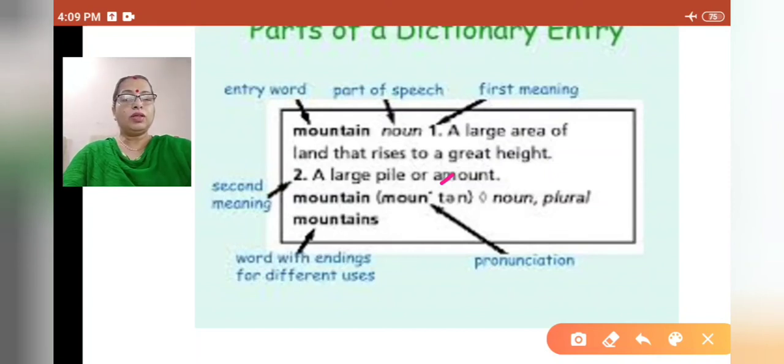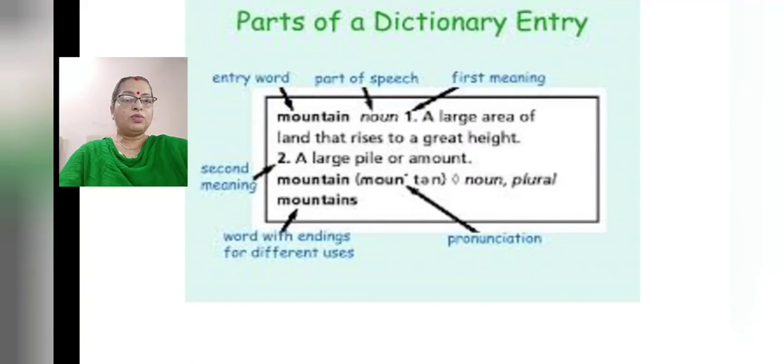Yes, mountain. After that, what is written? Noun, that is a pile or amount. That is also a noun. And then plural. What is the plural of mountain? Mountains. Okay, so words with endings for different uses.